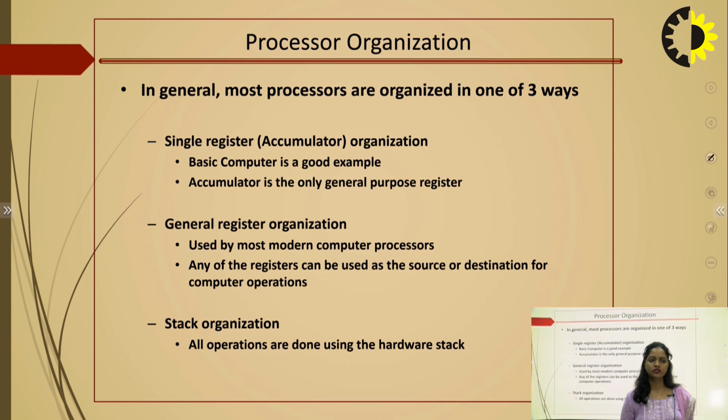Nowadays we use general register organization schemes, and it is used for 3 address instruction sets and 2 address instruction sets. The third organization scheme is the stack organization scheme. In a stack organization scheme, all the operations are done by means of a stack on registers as well as on your memory.